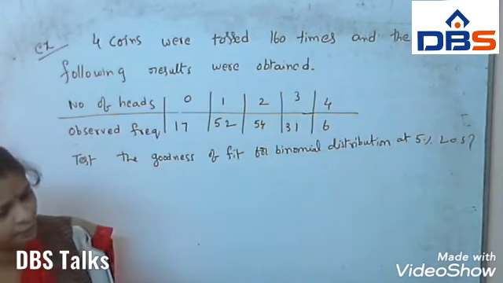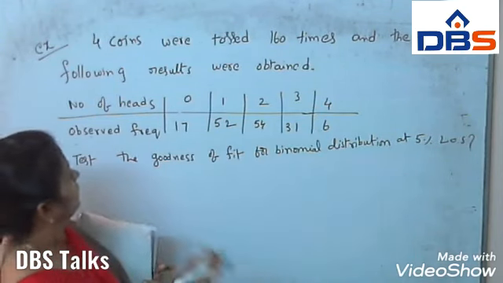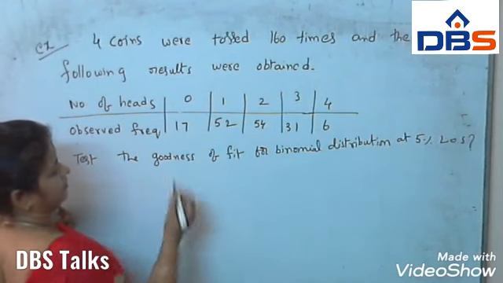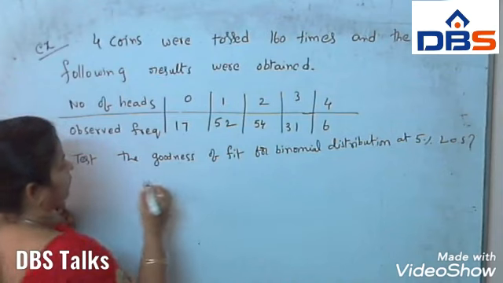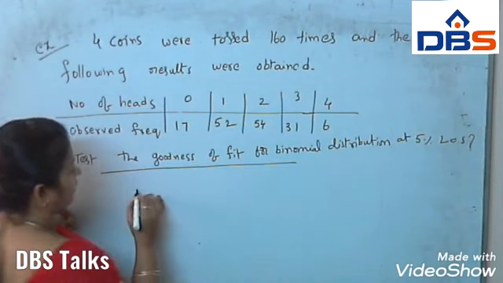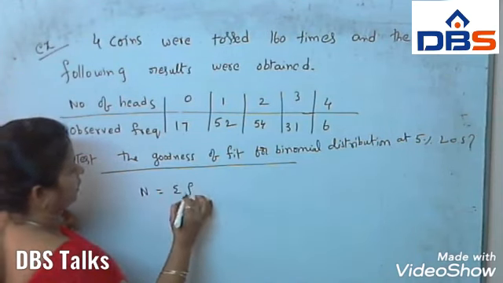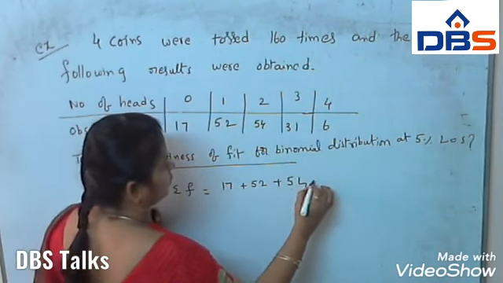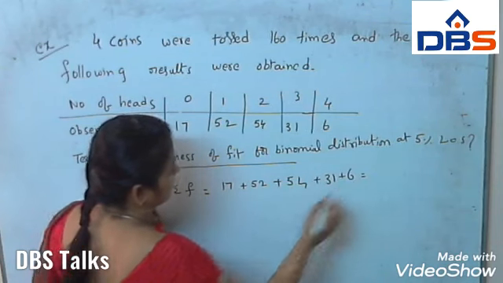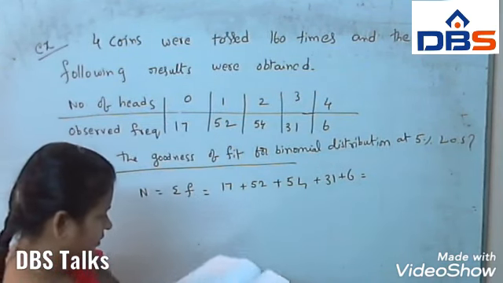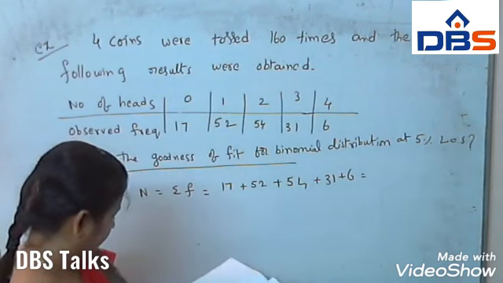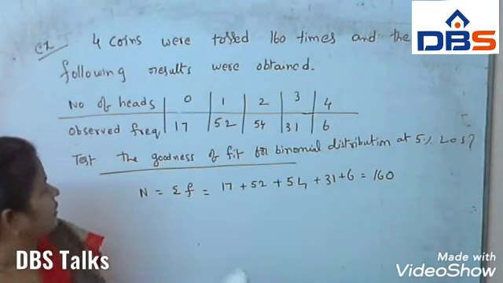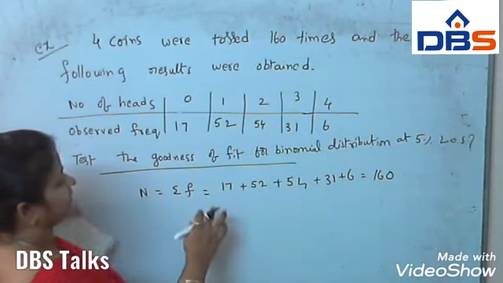And this experiment is done how many times? We have to add all these terms. That means n equal to sigma f, 17 plus 52 plus 54 plus 31 plus 6. By adding all these terms, we will get 160. That means the experiment is done 160 times.